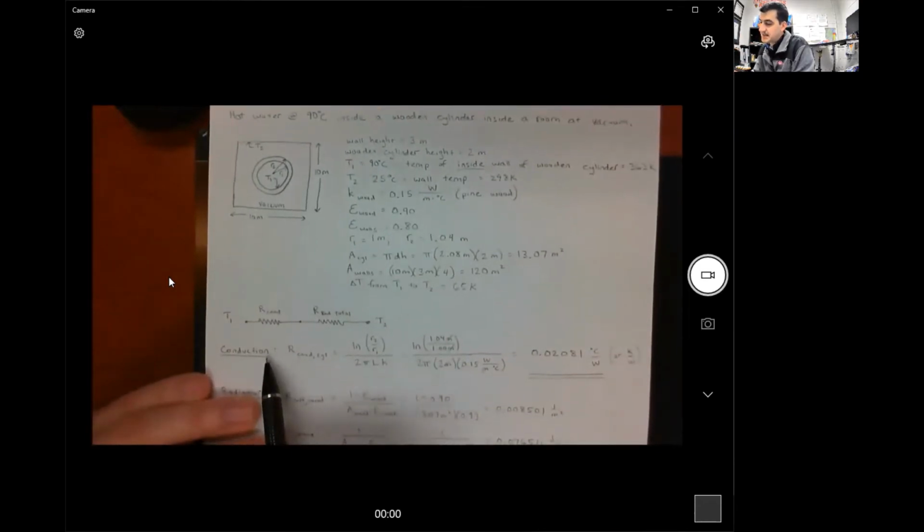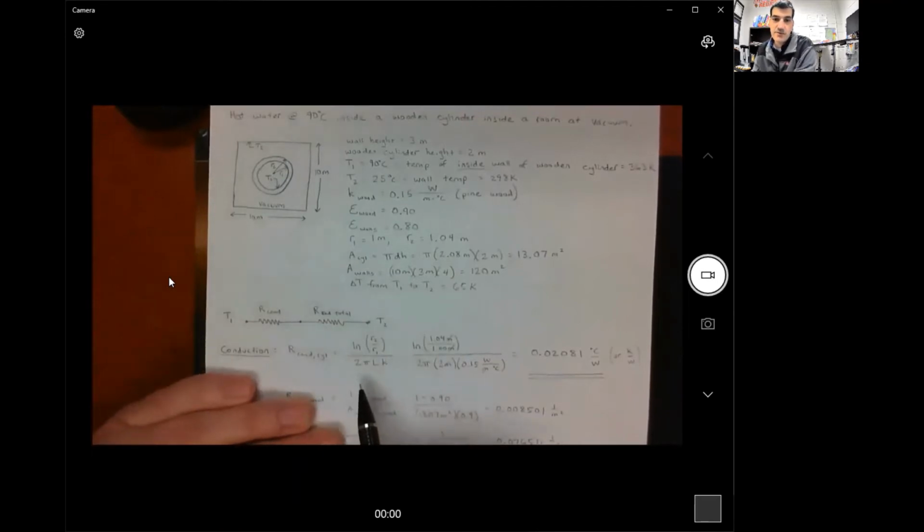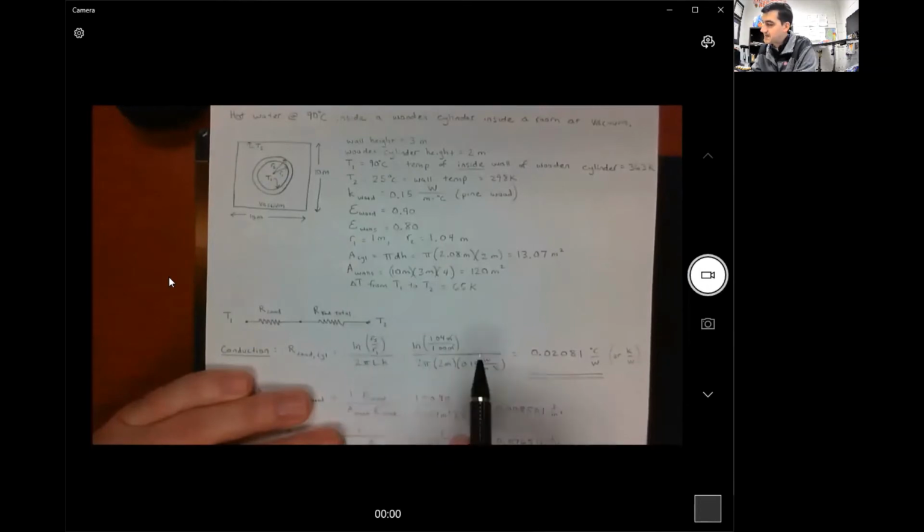So like I said, the conduction thermal resistance is pretty straightforward. We know all these values. We've got the natural log of R2 divided by R1, divided by 2 pi L k. R2 is 1.04 meters. R1 is 1.0 meters. The meters cancel out. 2 pi, then we plug in 2 meters for L, and k is 0.15 watts per meter per degree Celsius.